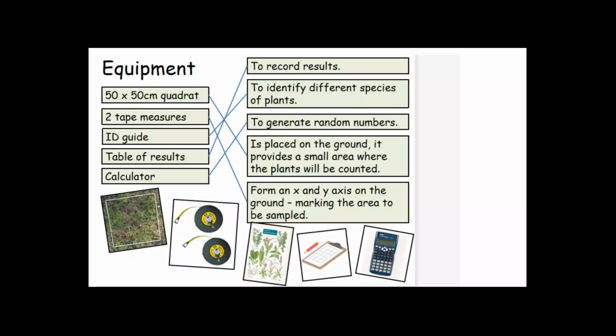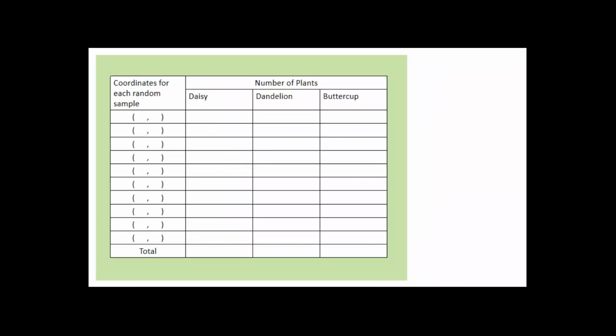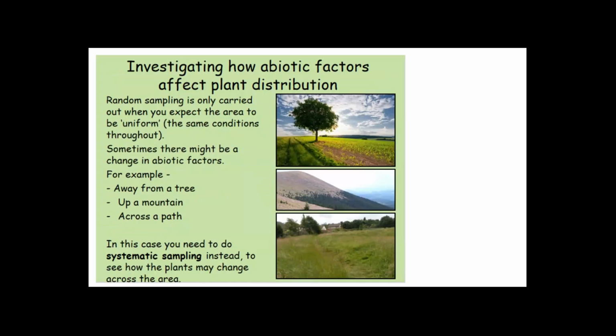You have a table of results simply to record them. I need a calculator to generate random numbers. As I said, you can probably use a hat or a container and draw numbers out of each container. And you record the coordinates here, and then you have the number of daisies, dandelion, buttercup, and so on.